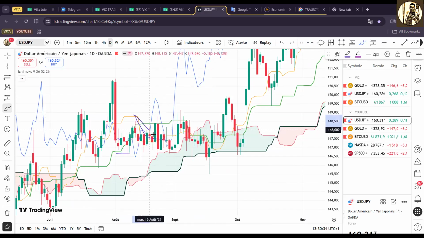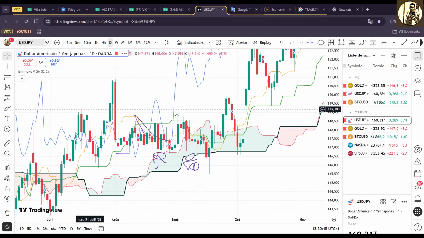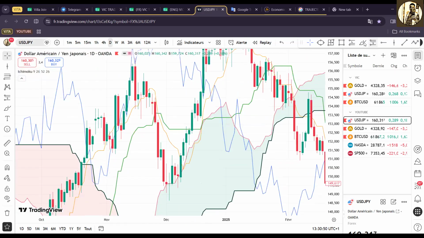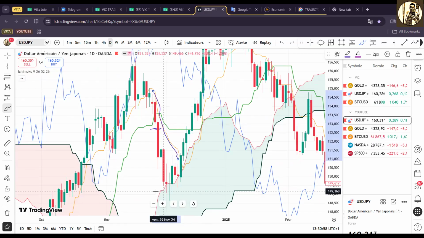If Tenkan keeps bending to the downside like this, the price will finally touch SSA, or even touch SSB. That's all I'm saying. If Tenkan stays bended to the downside, and Kijun is touched at this level, there's a probability that SSA gets touched by the price. Okay, that's what I'm saying.